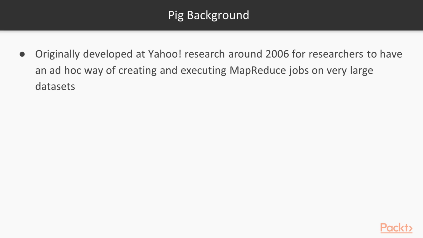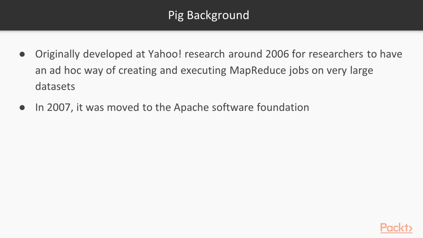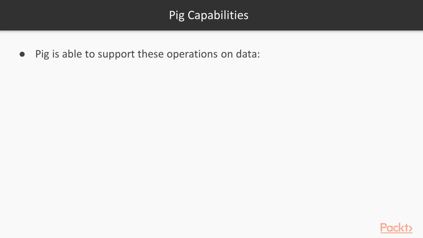So they developed their own methodology to deal with the massive data sets. That's how Pig came into existence. In 2007, once they had developed it, they moved it to the Apache Software Foundation and kept it open source for other people. So, what are the Pig capabilities?